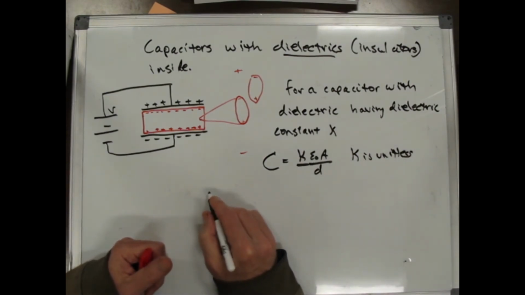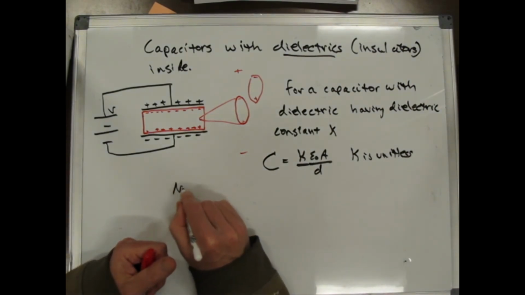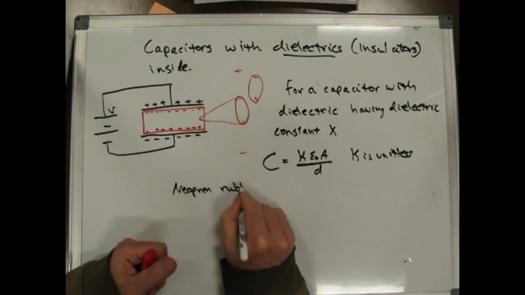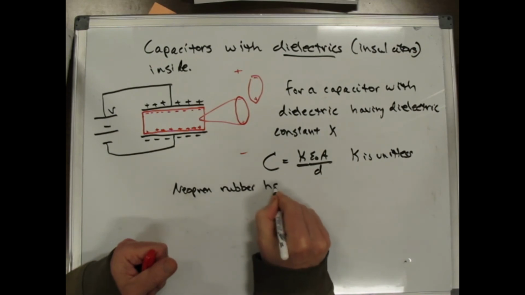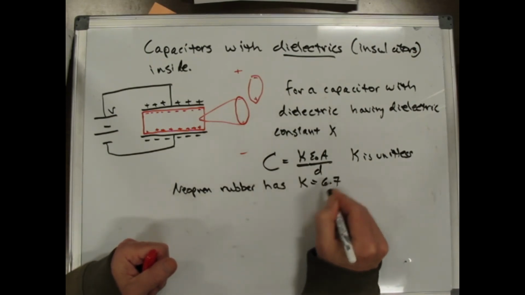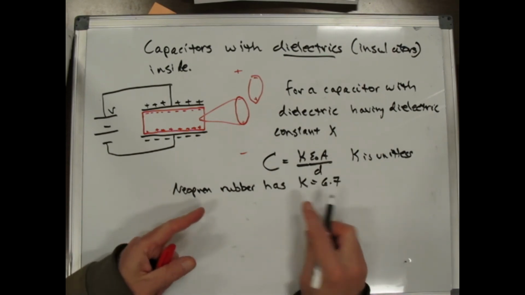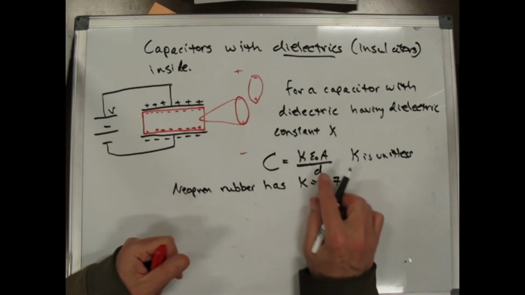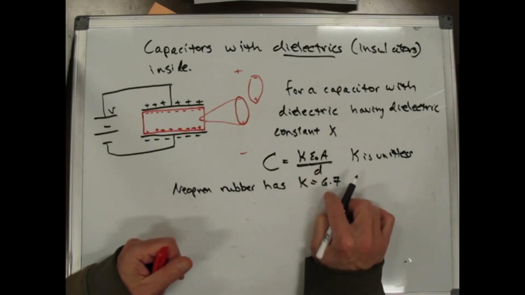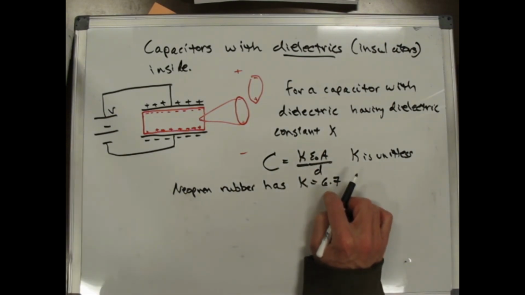So for example, one that comes up a lot is neoprene rubber. If you slide neoprene rubber inside your capacitor, it increases the capacitance of the capacitor by a factor of 6.7, which is non-negligible.